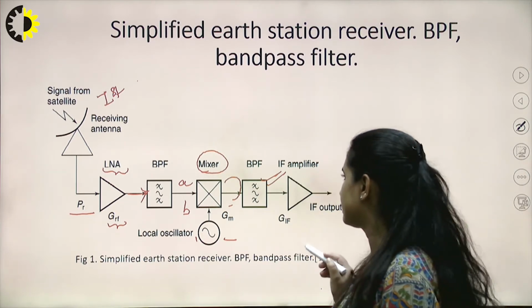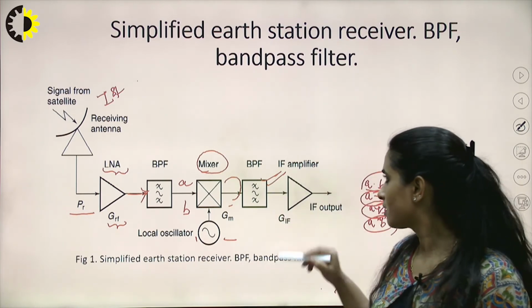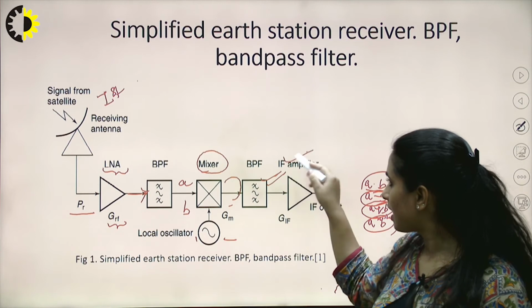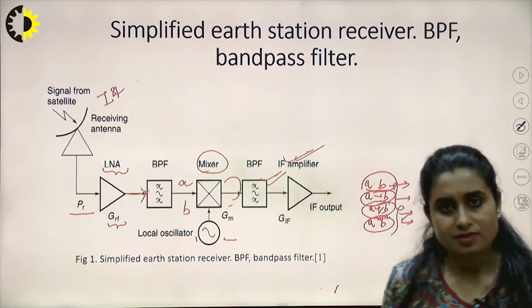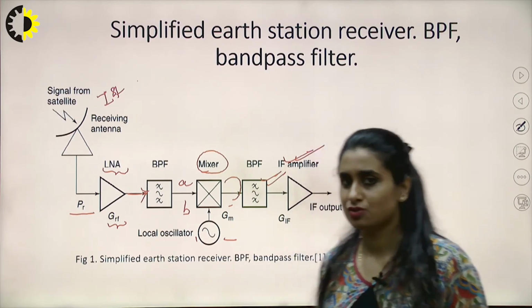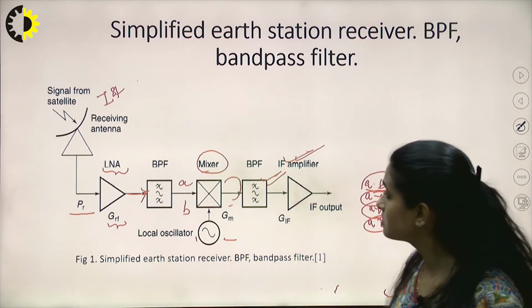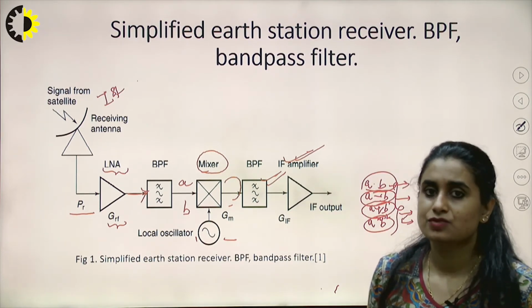And the right frequency will be passed on, and finally this will again be amplified. A receiver would have a series of filters and amplifiers, right? So we can have n number of amplifiers and bandpass filters.